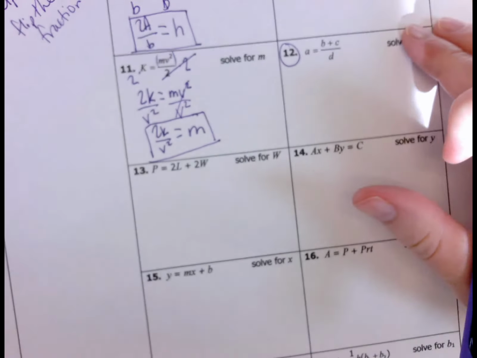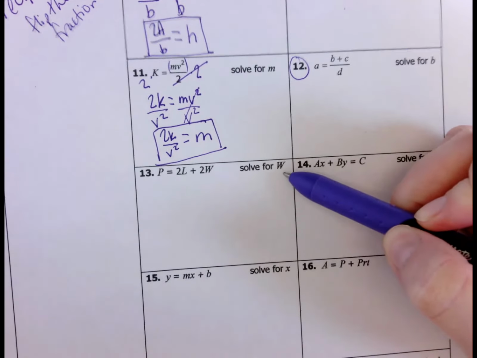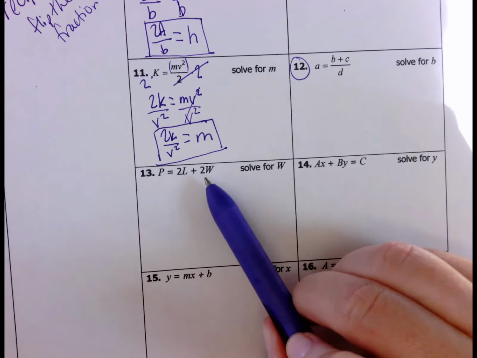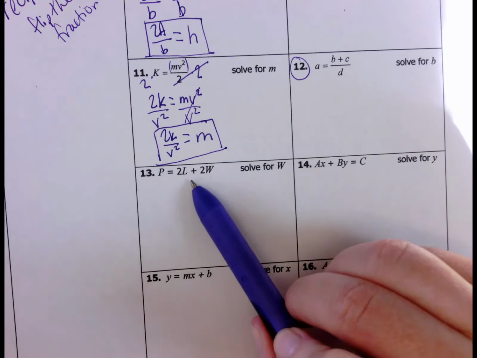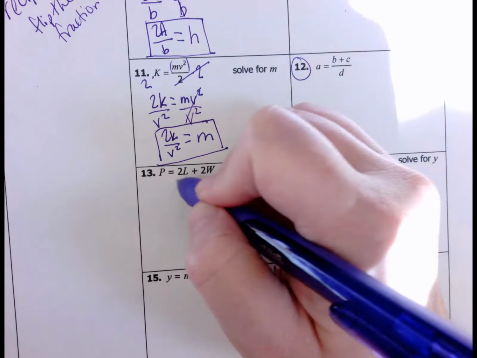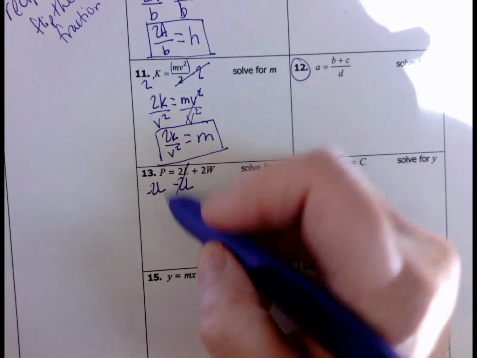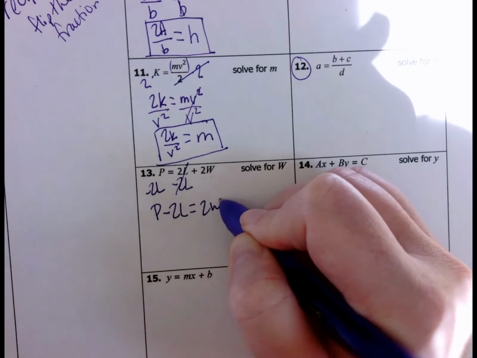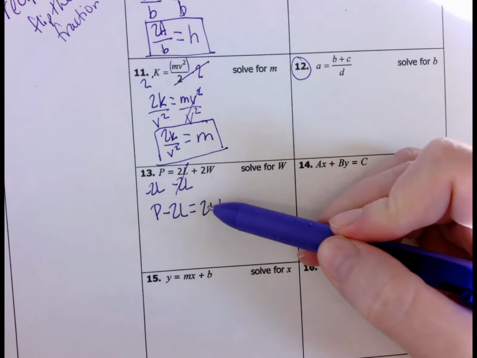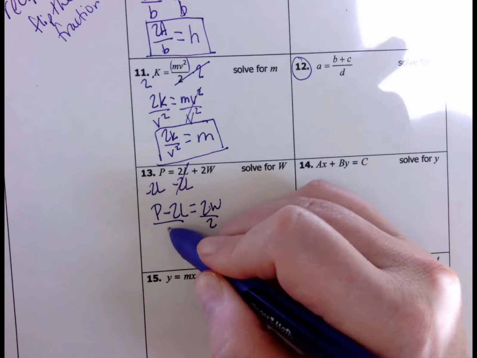Okay. So on number 13, on this one, we are looking to solve for w. Okay, so w is being multiplied by 2, and then we're adding 2l to it. So let's take care of this addition and subtraction first. We're going to subtract 2l from both sides. So I'm left with p minus 2l is equal to 2w. And then to get rid of that multiplication, I just divide by 2.